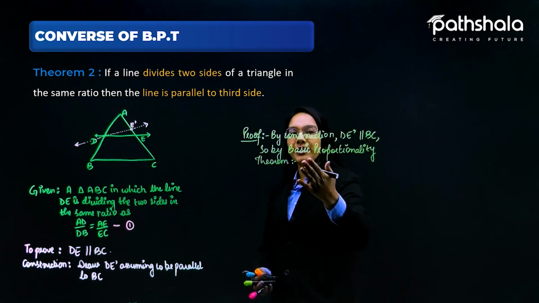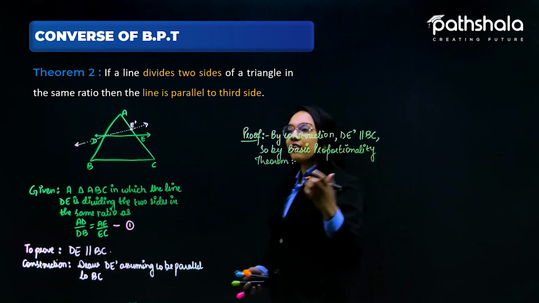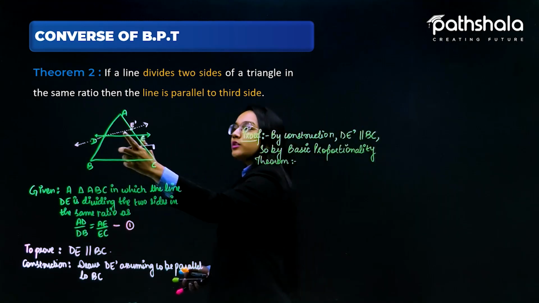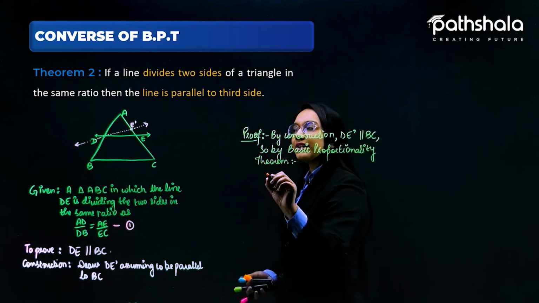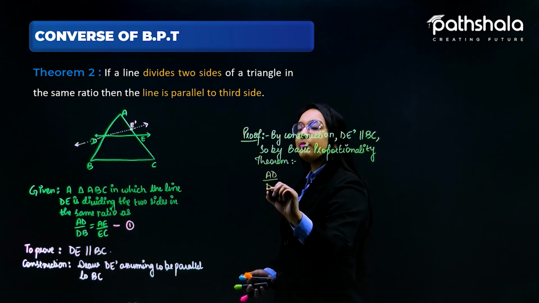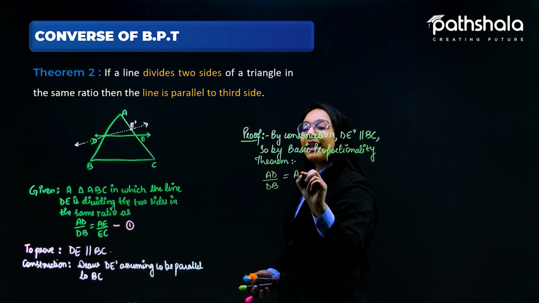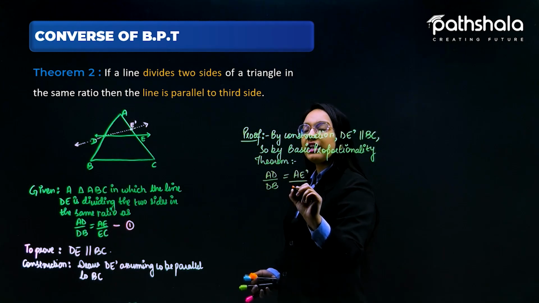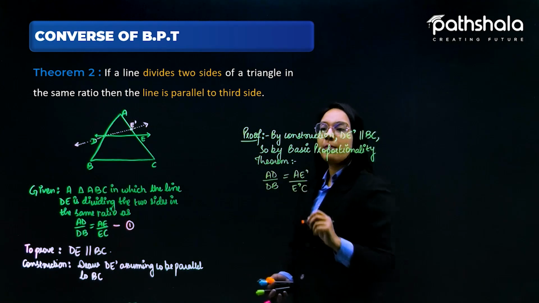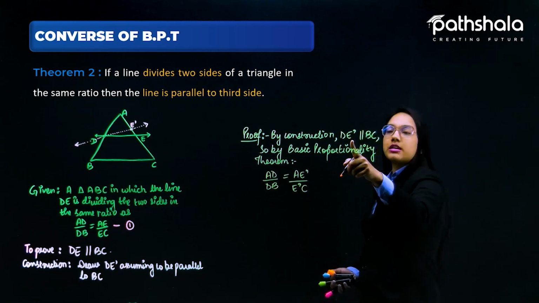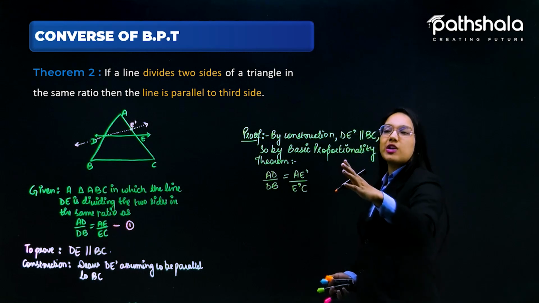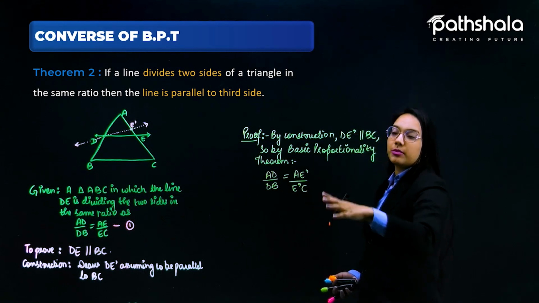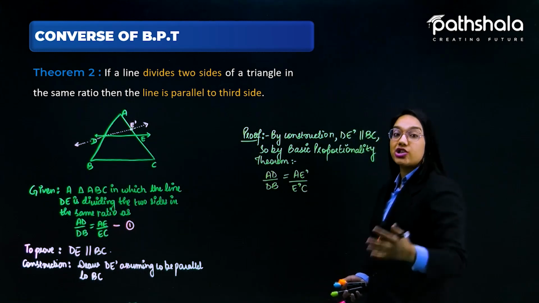So if DE dash is parallel to BC, it implies that AD by DB is equal to AE dash by E dash C.